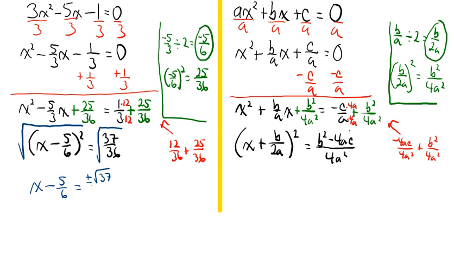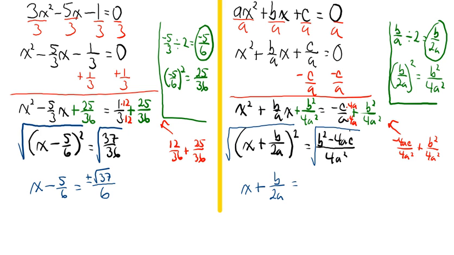So the bottom comes out nice, so no square root needed on the bottom. Let's do the same thing over here. I take the square root of the left side and the square root of the right side. On the left side, the square root cancels out the square, and I just get x plus b over 2a.